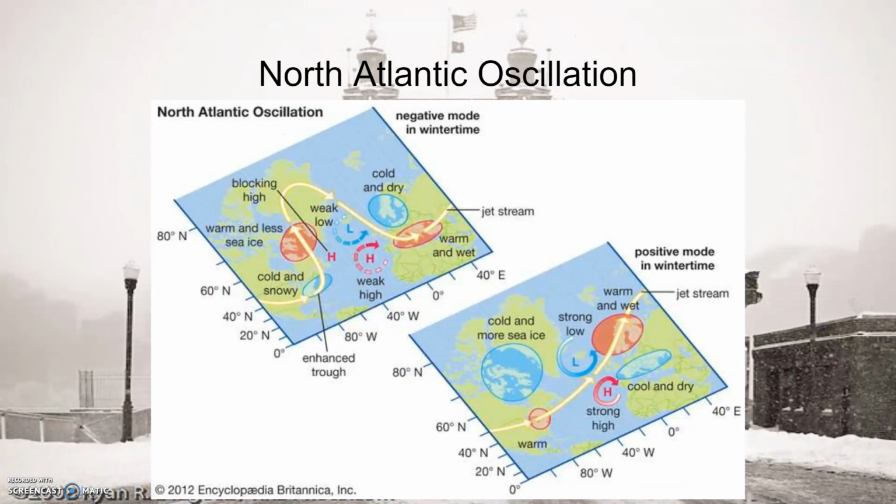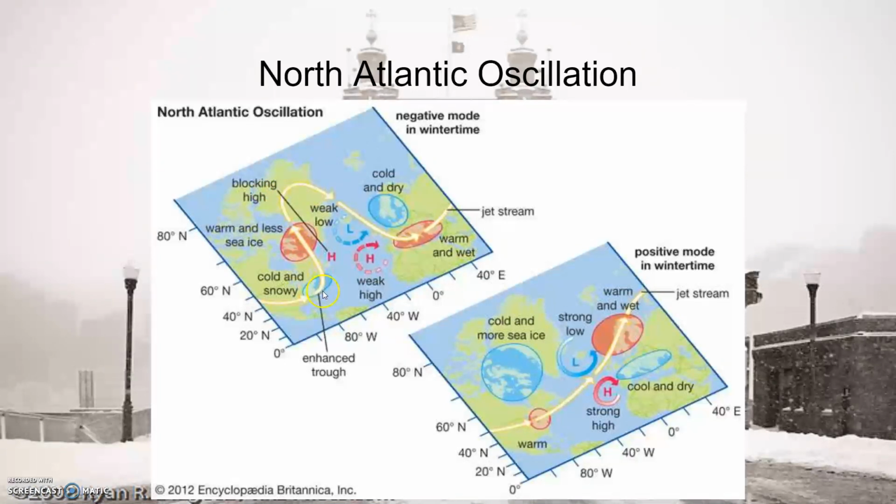And here's a look at the NAO. Basically, a negative phase would be better for us because the negative phase would typically get you ridging through Greenland. Up in Greenland is where the polar vortex would typically be.